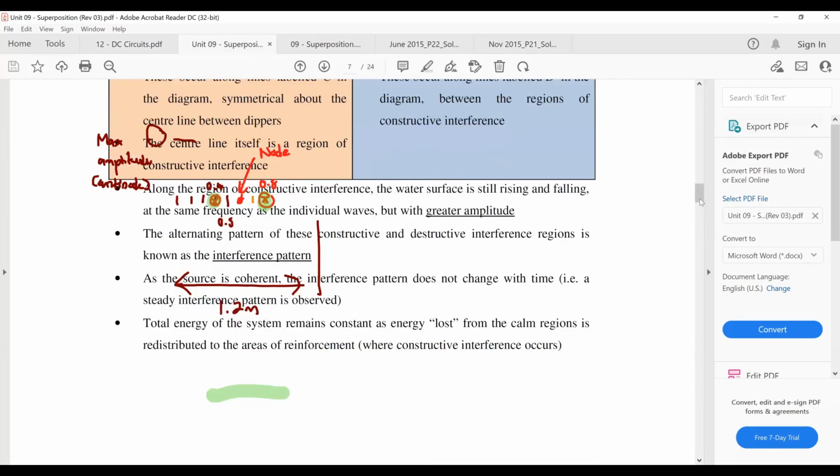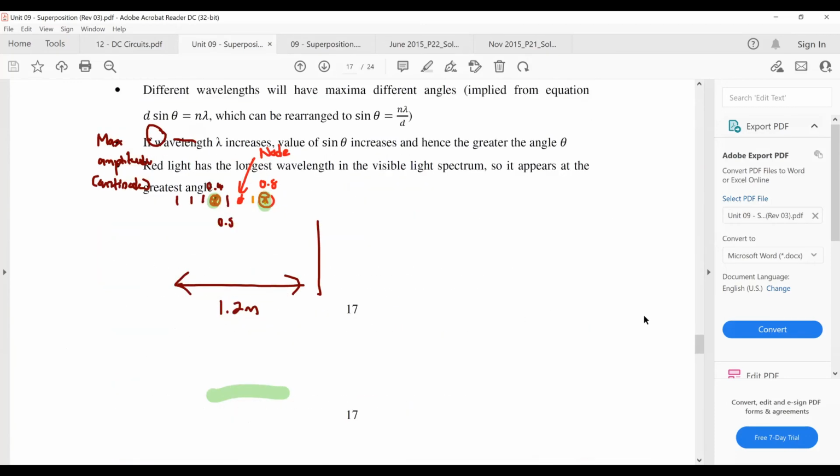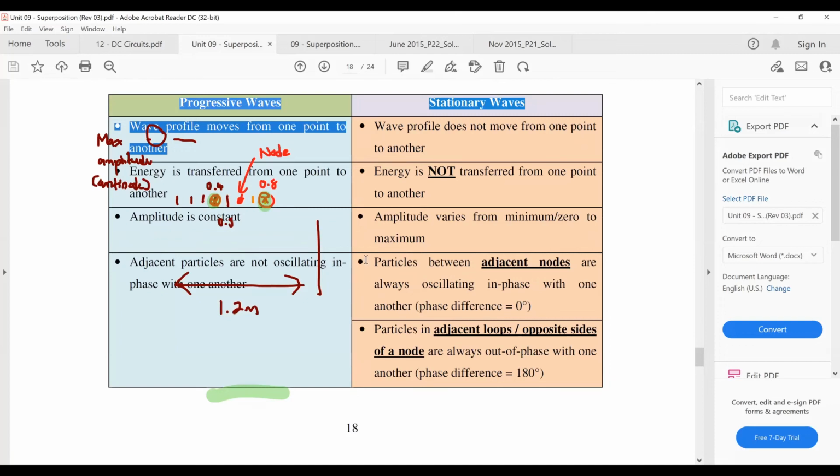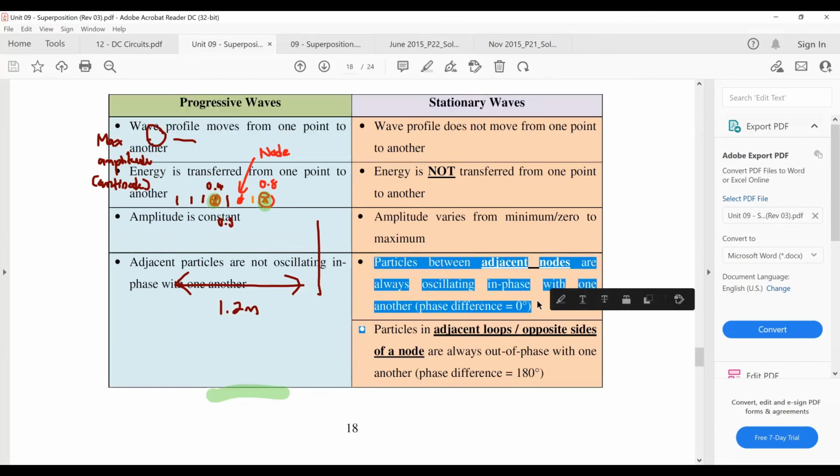If you refer back to your notes under page 18, remember this? I said particles between adjacent nodes will always be in phase. If one of them is at equilibrium, all of them will be at equilibrium. If one of them is at amplitude, all of them will be at amplitude. If one of them is at half amplitude, everything will be at half amplitude.